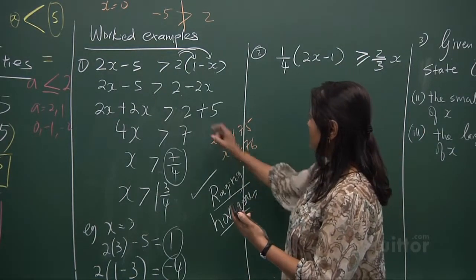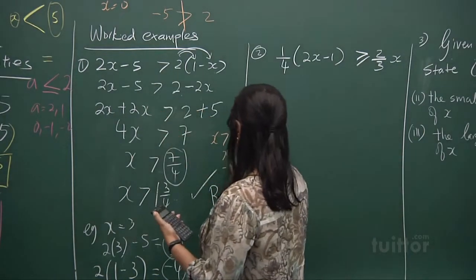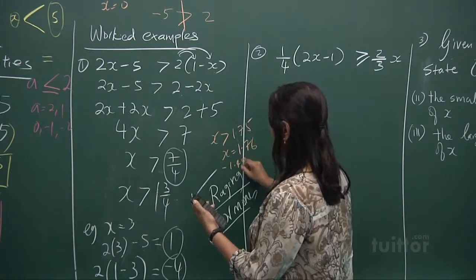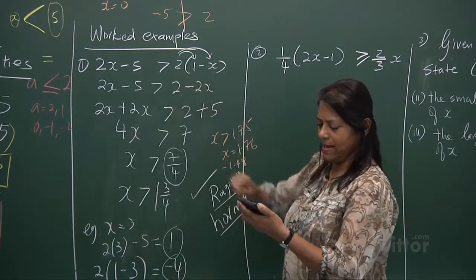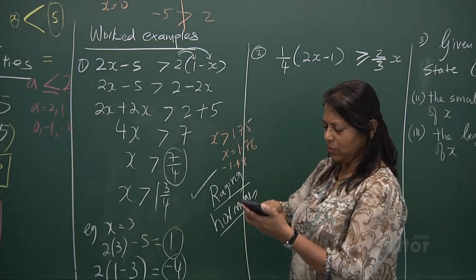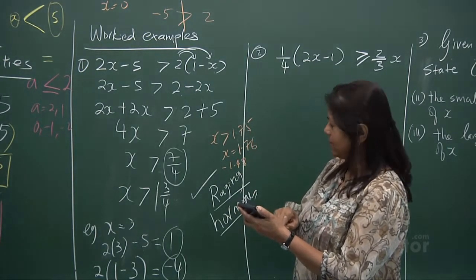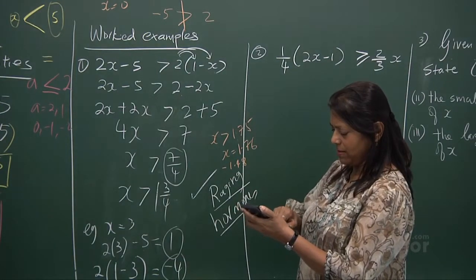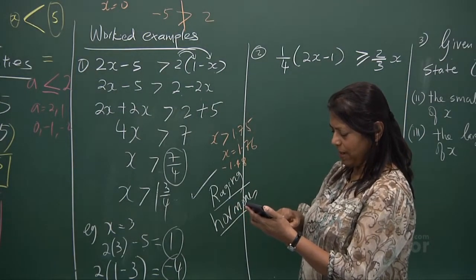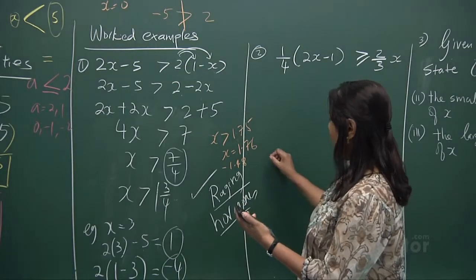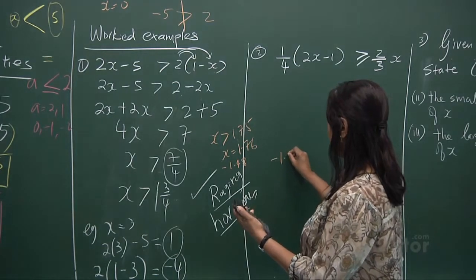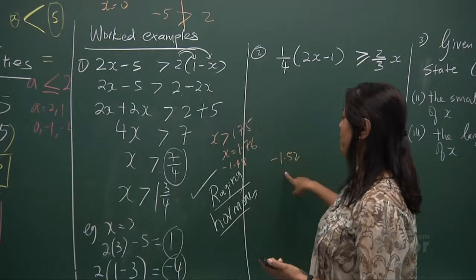This side is minus 1.48. Now this other side will be 2 bracket 1 minus 1.76 close bracket. You get minus 1.52. This side is minus 1.52.